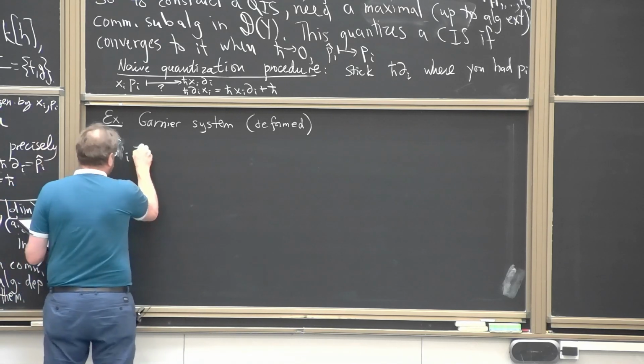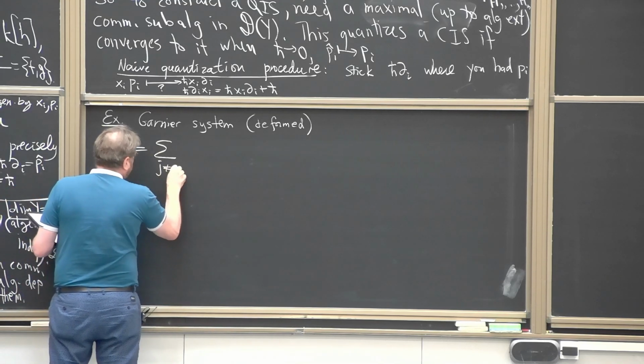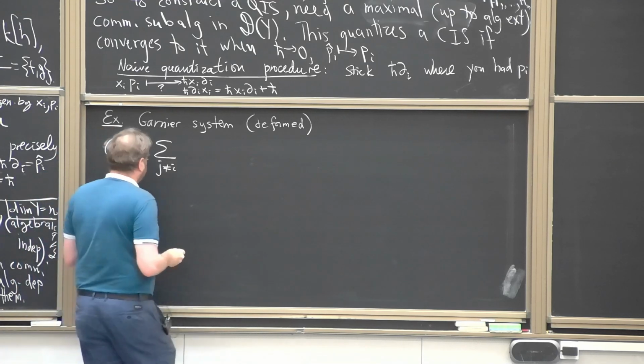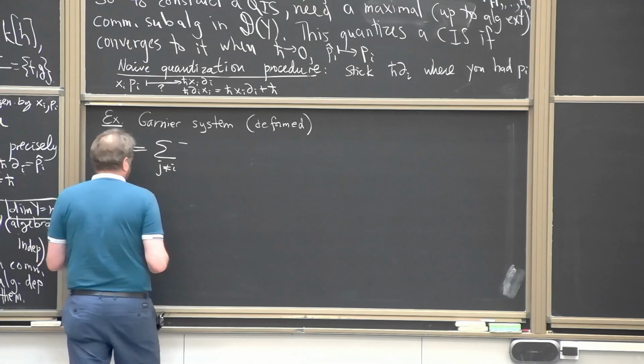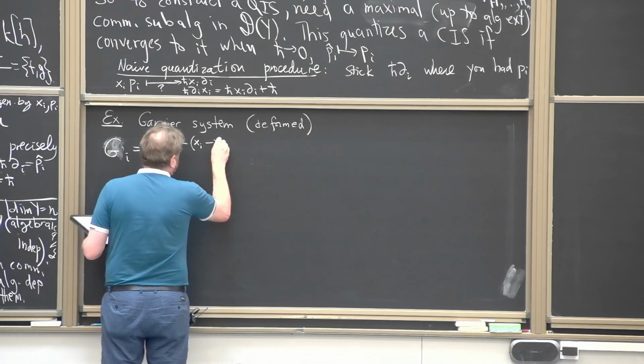And this is the sum over j different from i. Well, we had the coordinates called Y, but okay, let me call them X now.